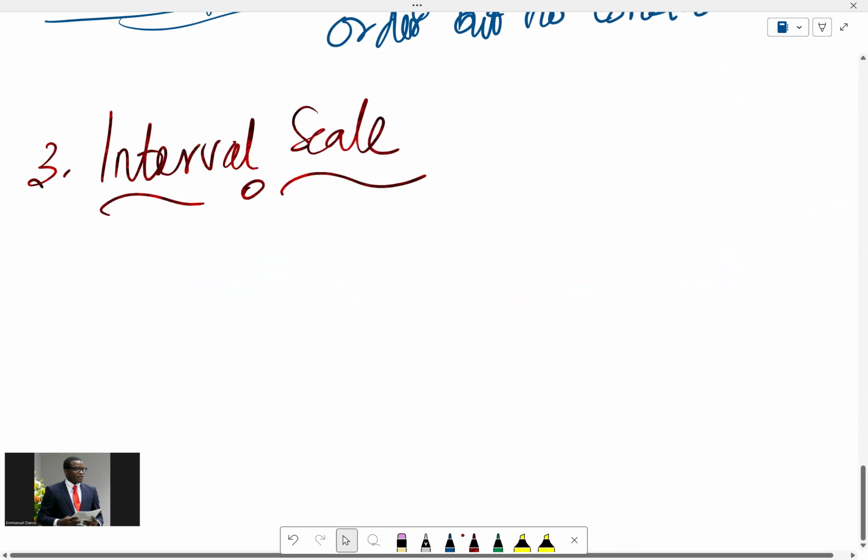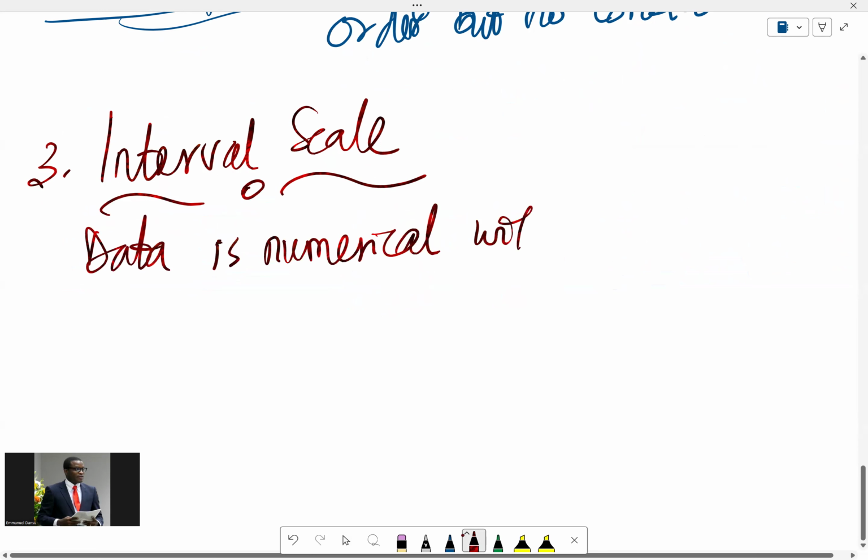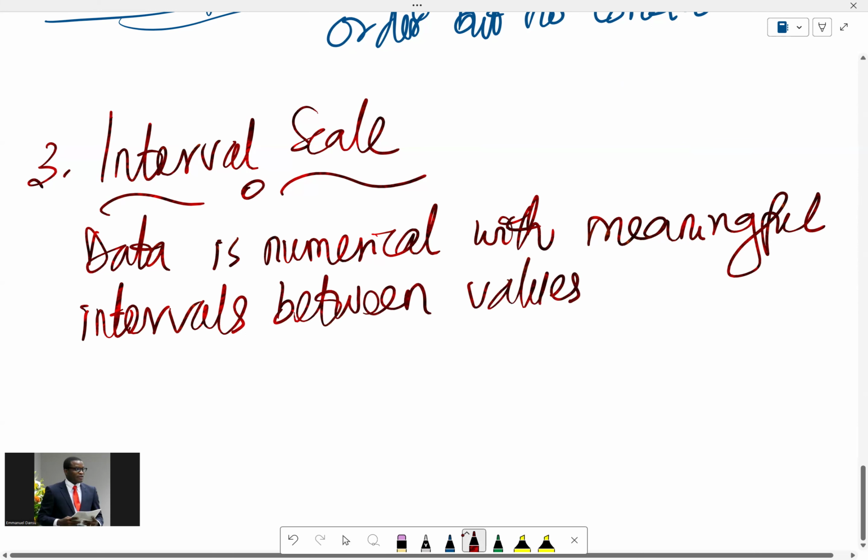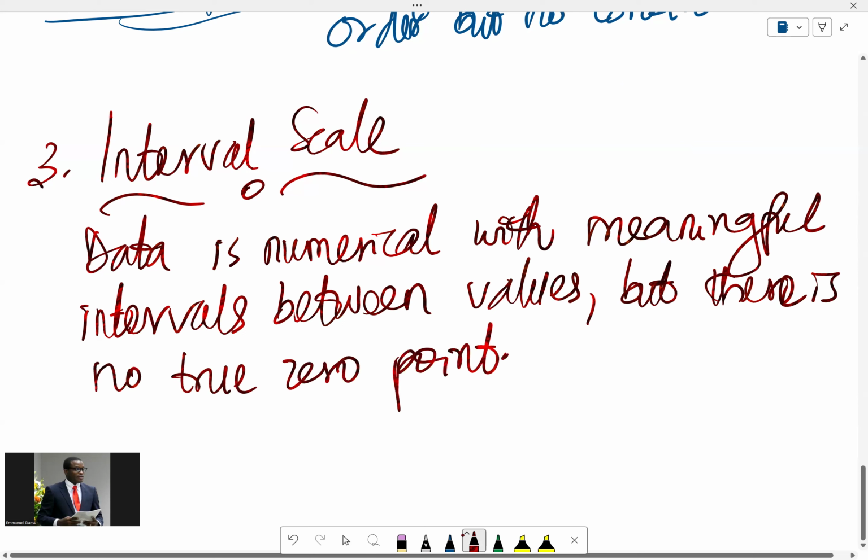For interval scale, data is numerical with meaningful intervals between values, but there is no true zero point. So for interval scale, data is numerical with meaningful intervals between values, but there is no true zero point, that you will get in a jiffy.